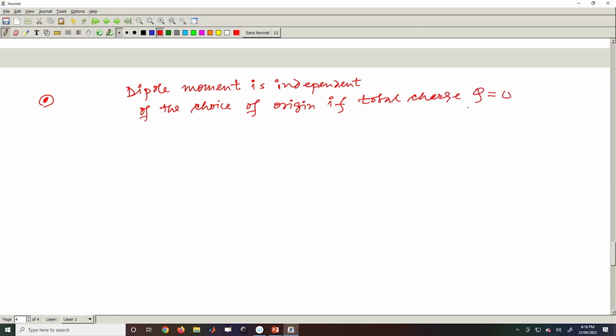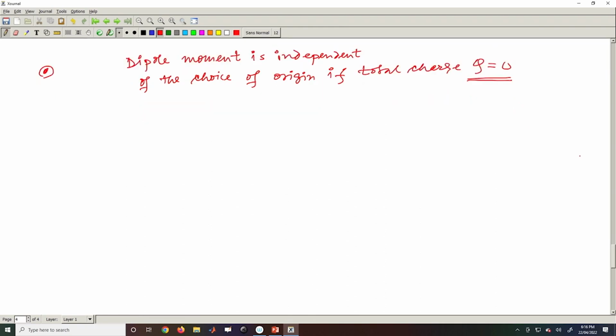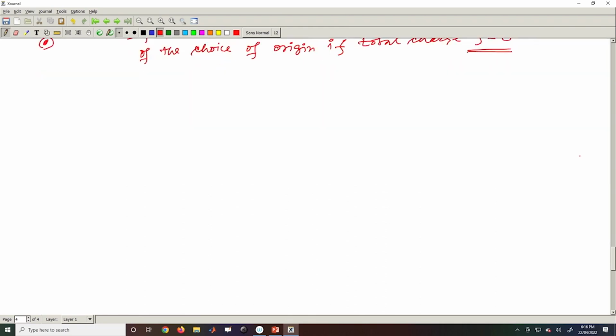In the dipole moment, if the total charge q is equal to 0, then it is independent of the choice of the origin. So, we can prove it very quickly.